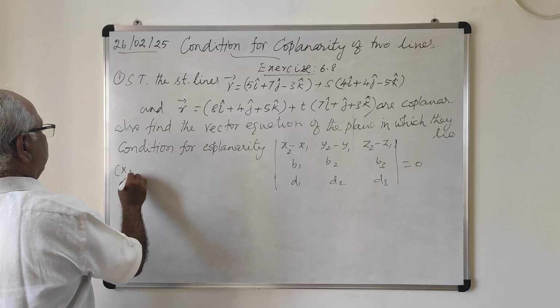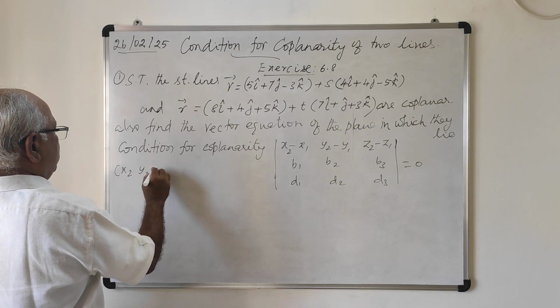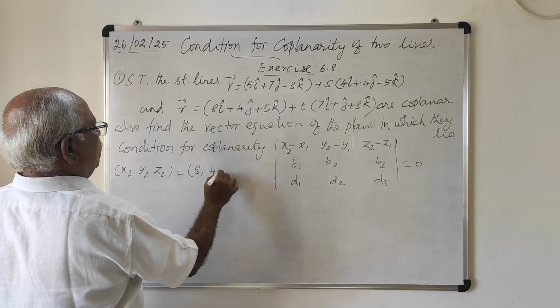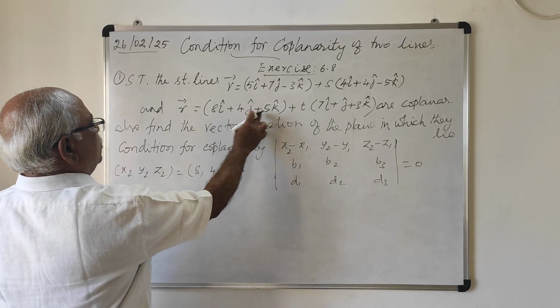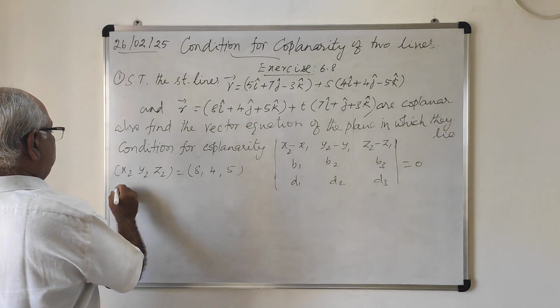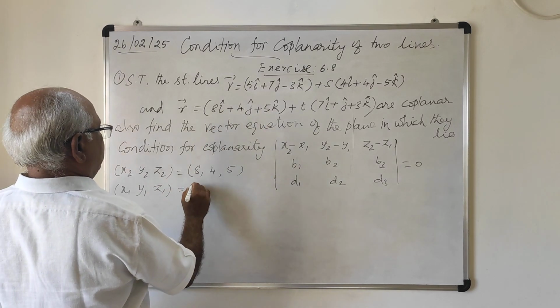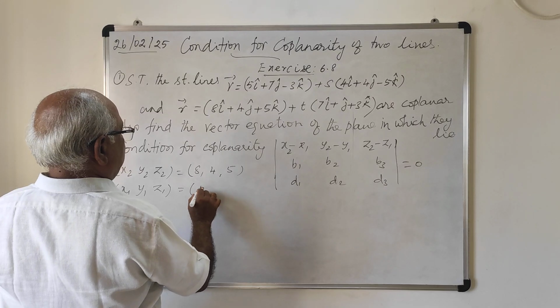So the point (x2, y2, z2) lying on the second line is (8, 4, 5), and the point (x1, y1, z1) lying on the first line is (5, 7, minus 3).